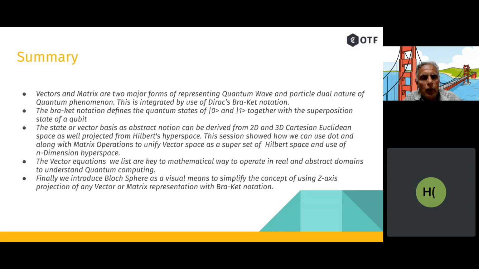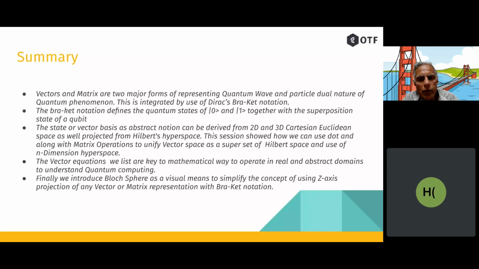The state or vector basis are abstract notation and can be derived for 2D, 3D Cartesian as well as Euclidean space, which we understand. But there is also Hilbert space, which is a hyperspace, like a hypervisor in the case of virtualization, a similar thing. It is in Hilbert's H3 or Hn, an n-dimensional space.